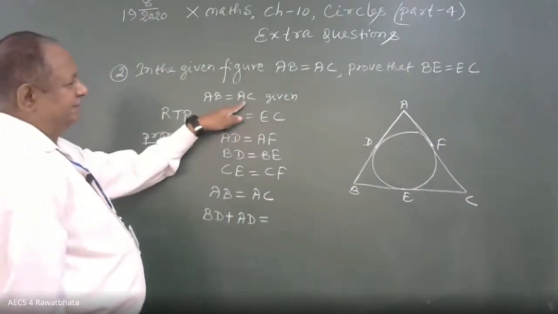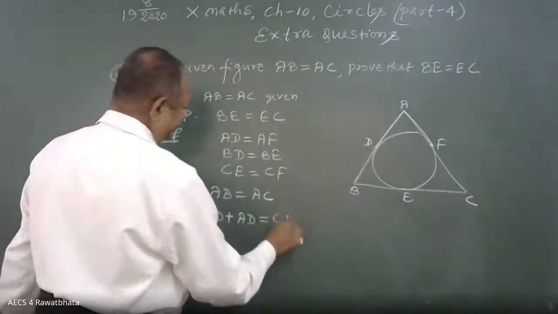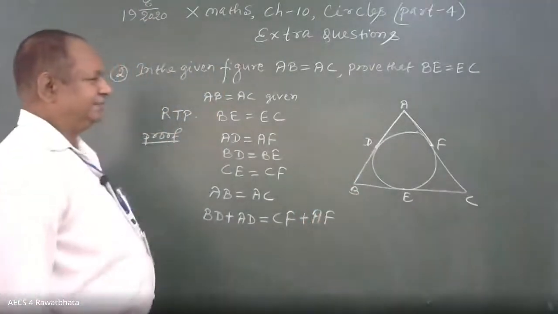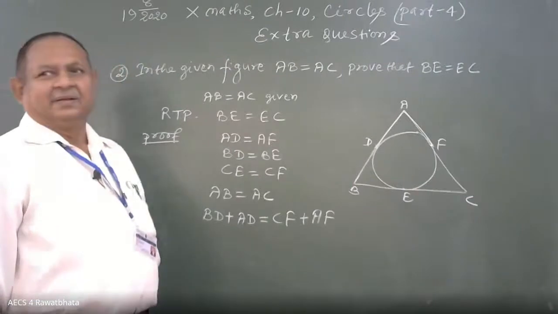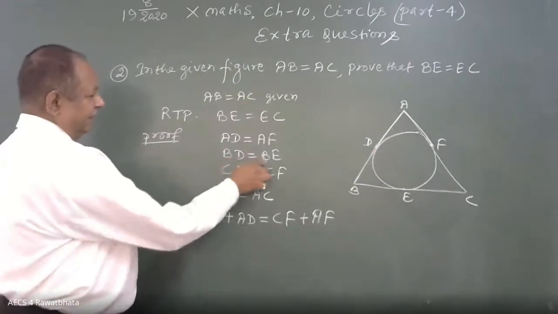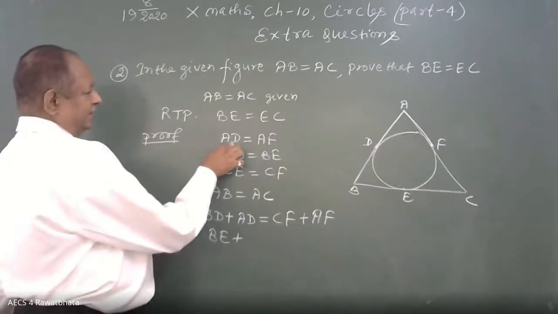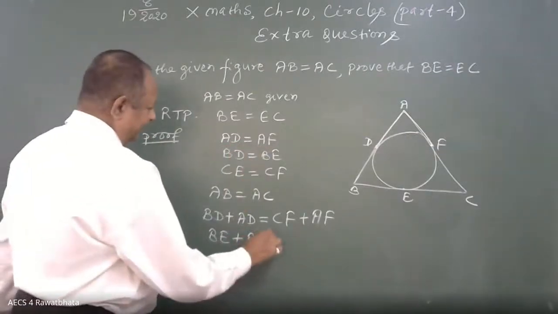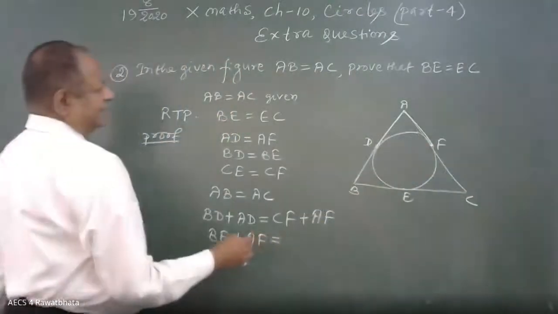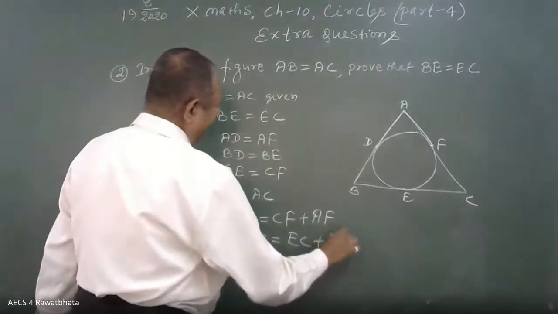Now AC can be written as CF plus AF, right? In place of BD, we can write BE. So BE plus, in place of AD, we can write AF, and CF we write as EC or CE, plus AF as it is.